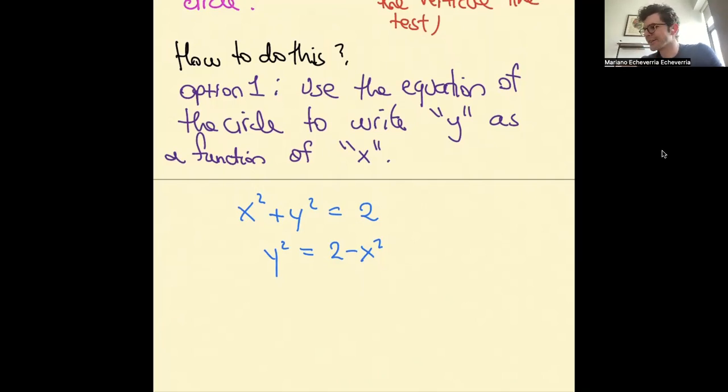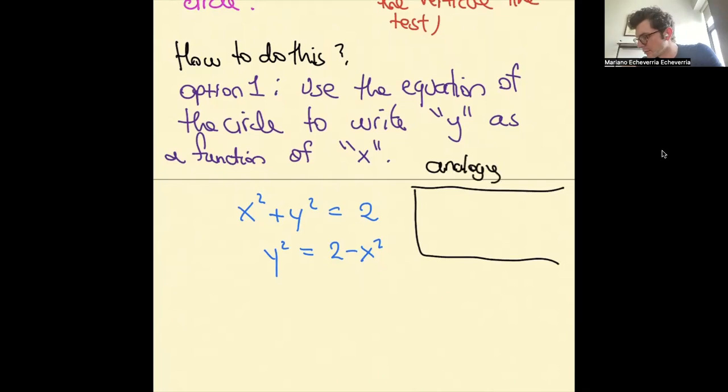Let's do an analogy. If I said that y squared equals 4, what would you say y is?